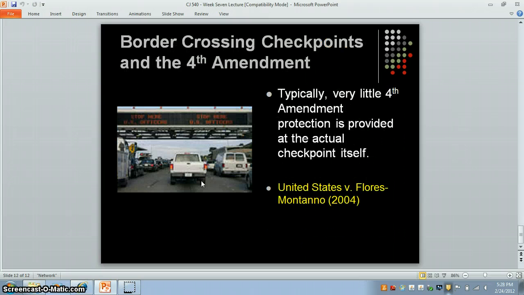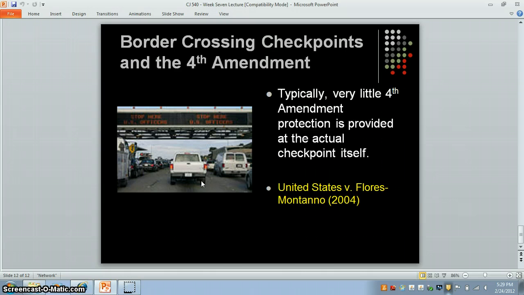Finally, Fourth Amendment protections do not apply at immigration borders, particularly at the point of entry. Nevertheless, once an individual makes it inside the border, some protections are afforded. In fact, in recent years, the court has allowed the government to have quite a bit of authority at border crossings.